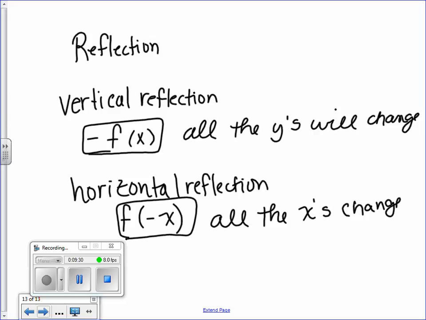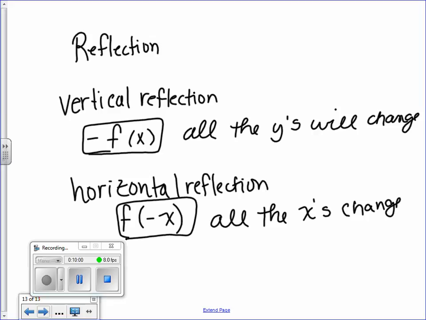What's the difference between these two? This and this. What's f of x? It's your y. Okay, so these are negative y's. And what's being changed here? The x is being changed. Okay, so this is changing the y, because y's are changing signs, and this one the x's are changing signs. Okay, great.